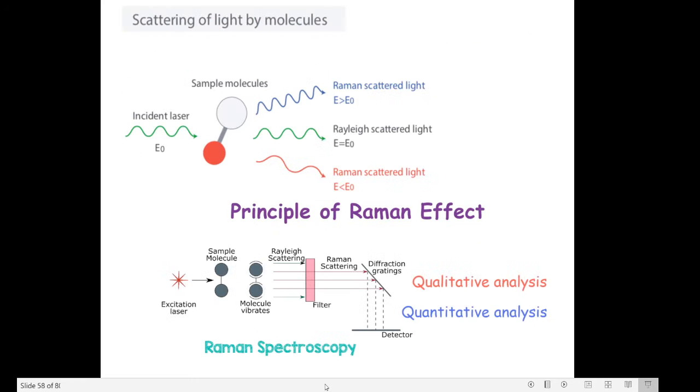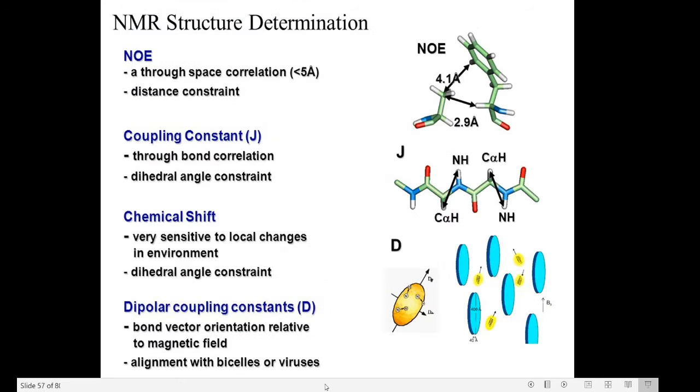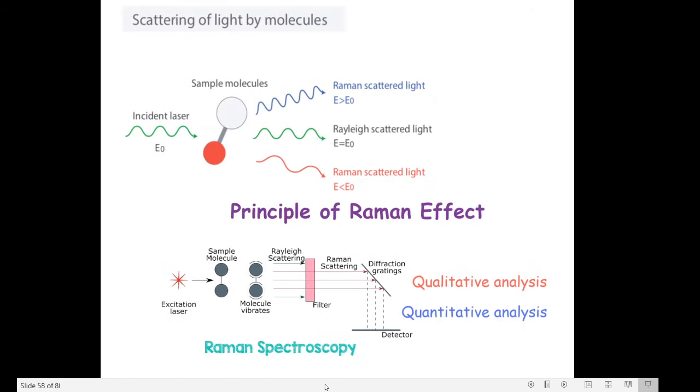Okay, this scattering light microscopy is a basic thing, having the Rayleigh scattered light and then the Raman scattered light with the emission values.